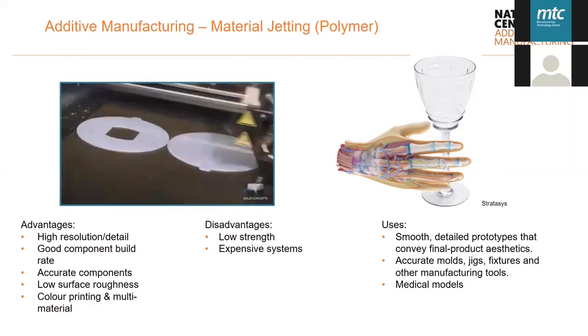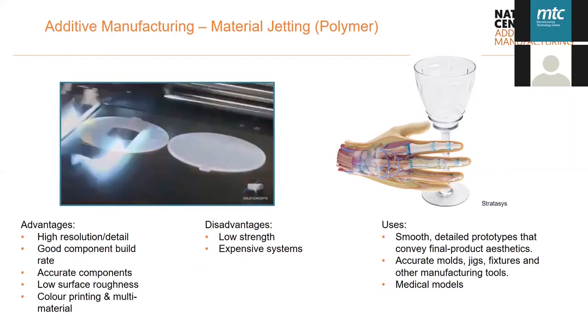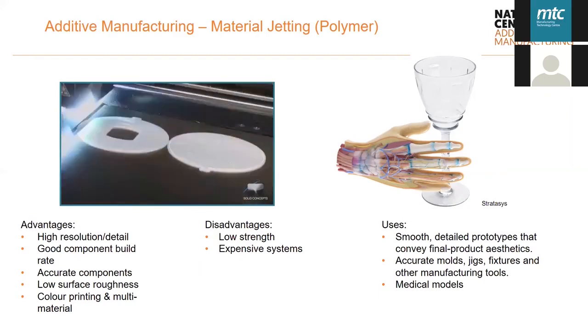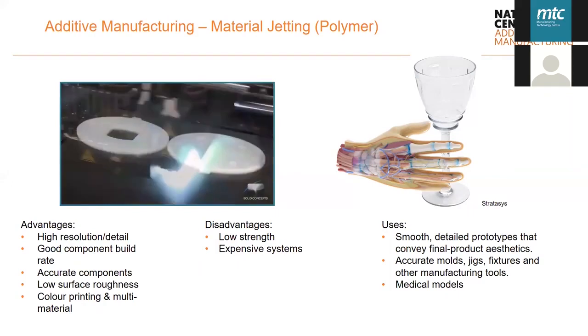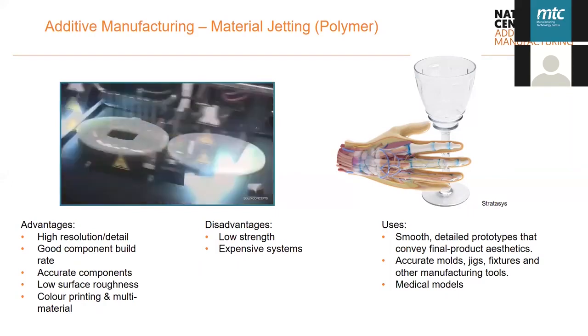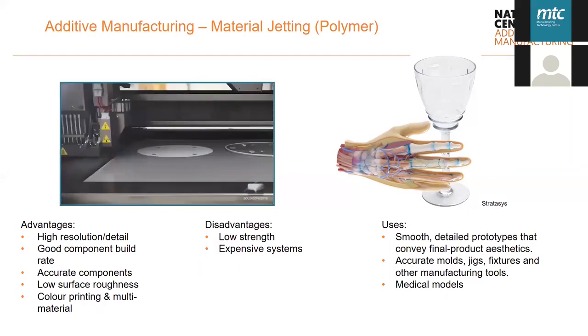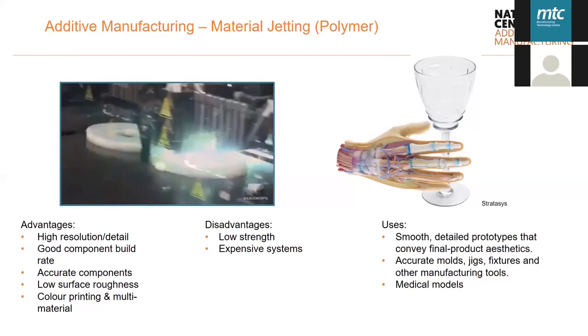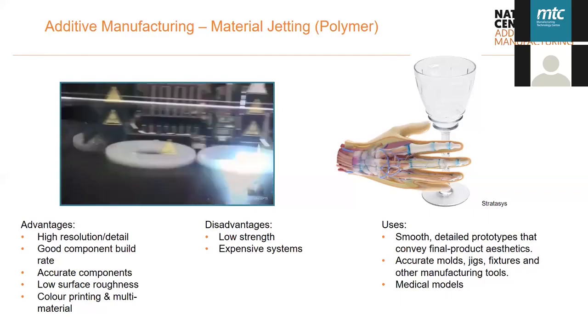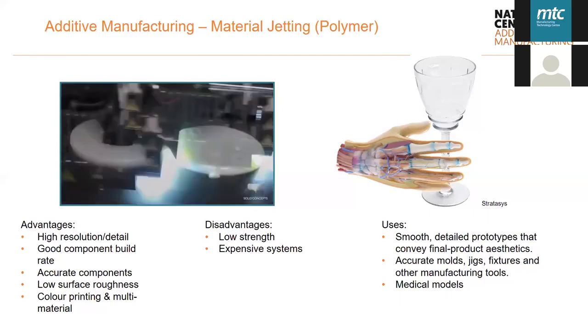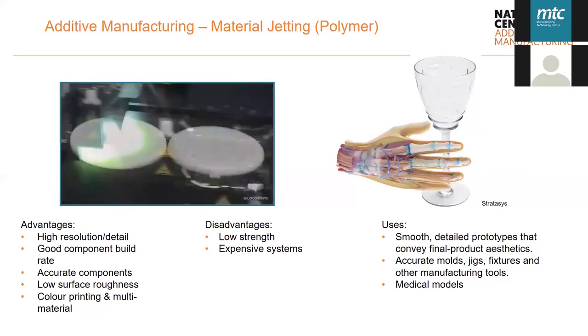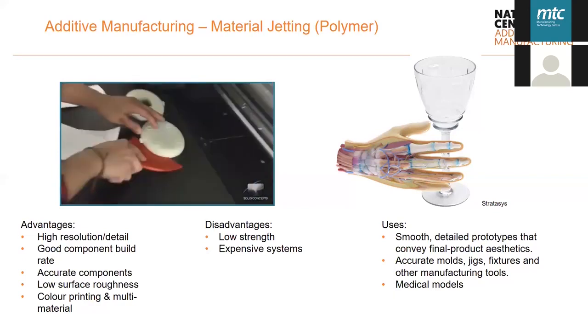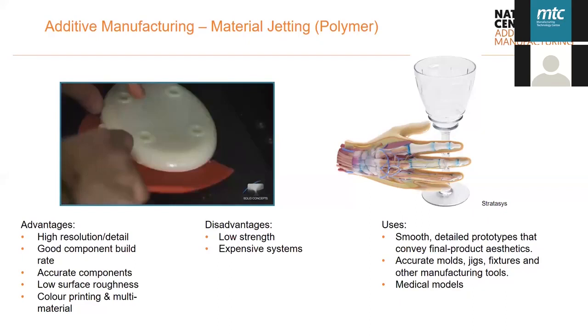You also have good component build rates compared to other polymer systems, and your component accuracy is also quite good. You have low surface roughnesses as built, so there's a really minimal amount of surface finishing that you need to do on these components. And also some of the advantages are that you can print in color and use multi-material printing as well, which furthers the applications for this technology.